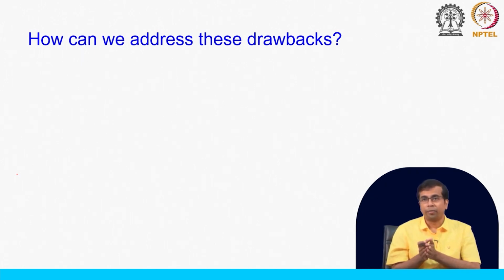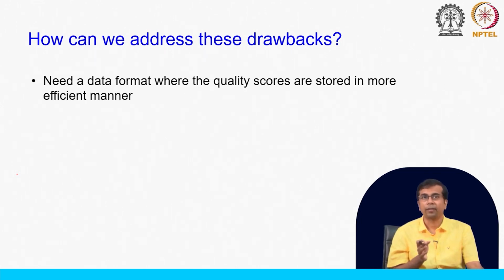Which means you require a new data format. It is not going to happen with FASTA format, you are going to need a new data format, and that is something that is required. So, what you need is a data format where the quality scores are stored in a more efficient manner.